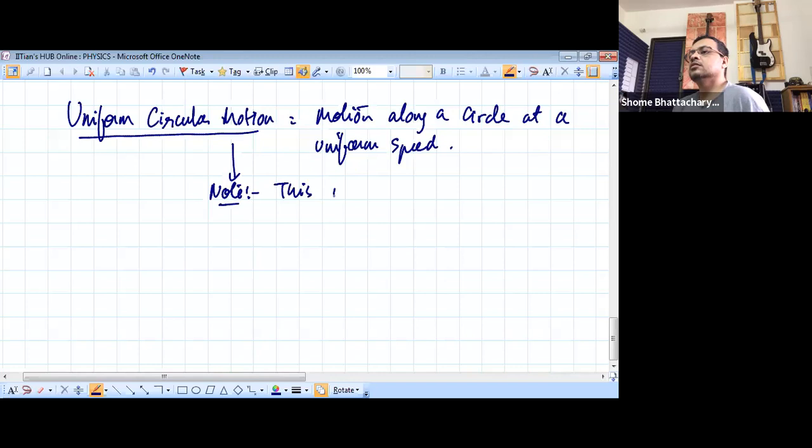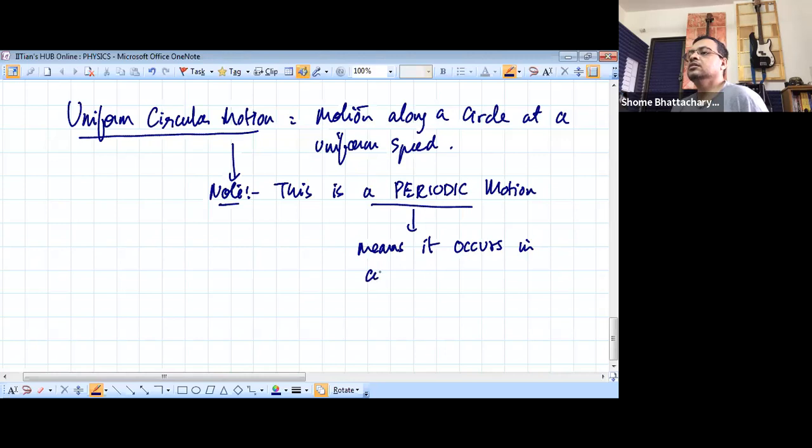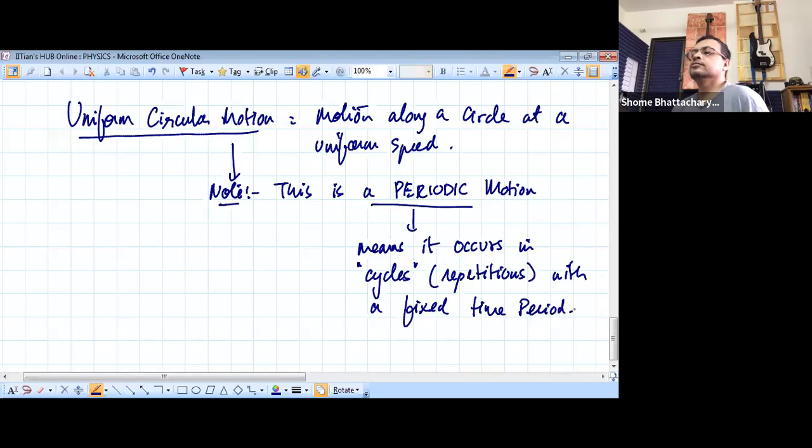this is a periodic motion. In other words, periodic means that it occurs in cycles, or you can say repetitions, with a fixed time period.